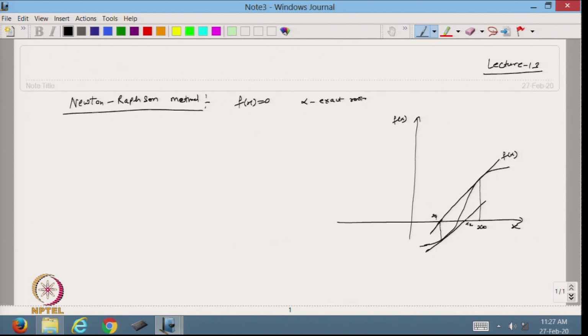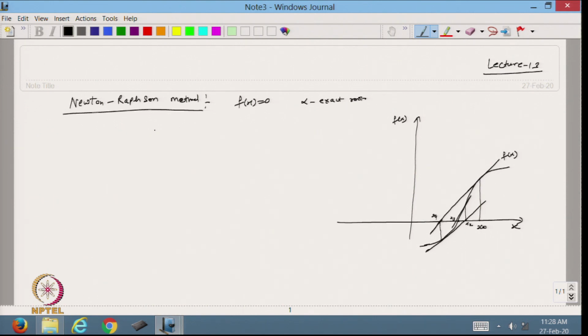At x2 I get the value of the function and take the tangent, and that gives x3. As the iteration moves on, the iteration points x1, x2, x3 are heading toward the root of the equation. That is the concept behind the Newton-Raphson method.